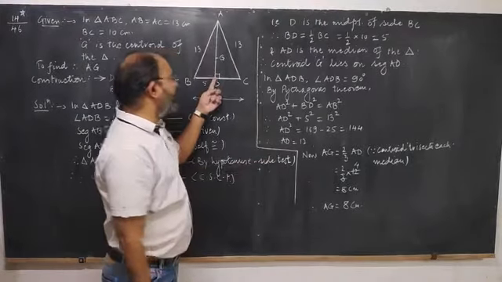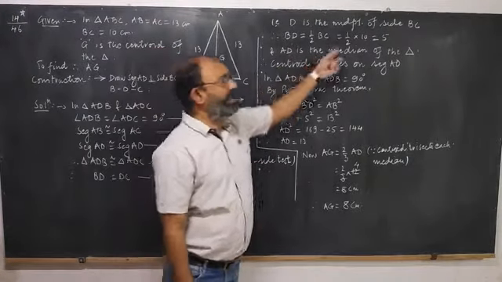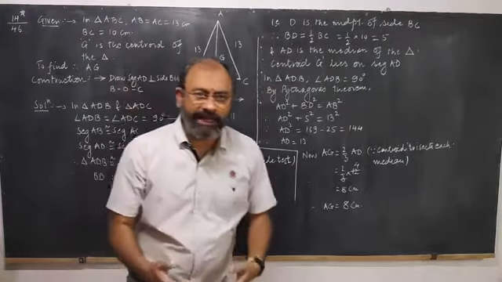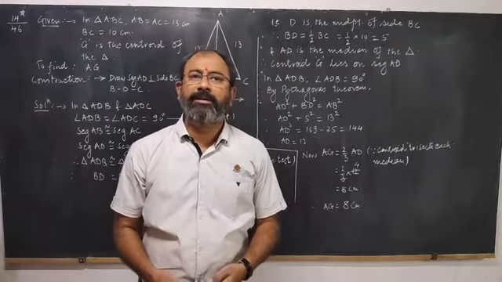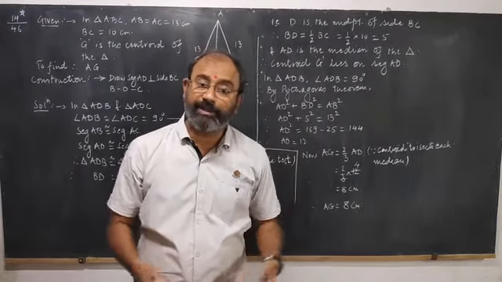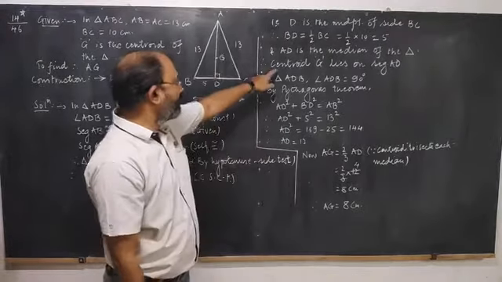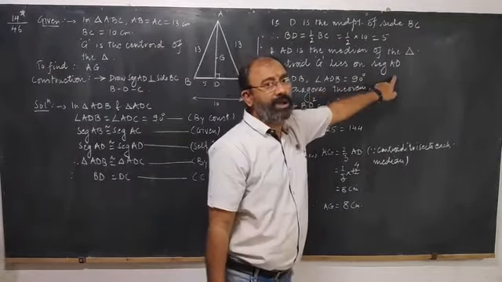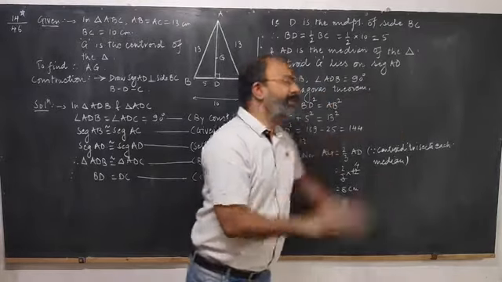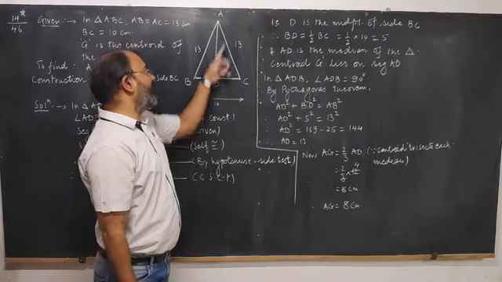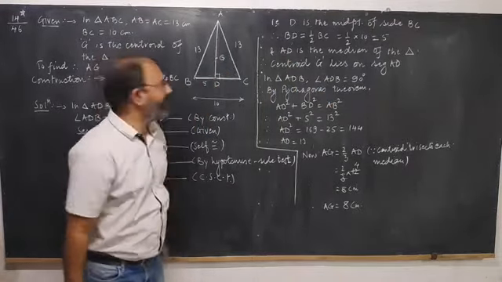So AD is the median, and we know that the centroid is the point of intersection of all three medians. So it lies on every median. Therefore centroid G lies on median AD also.